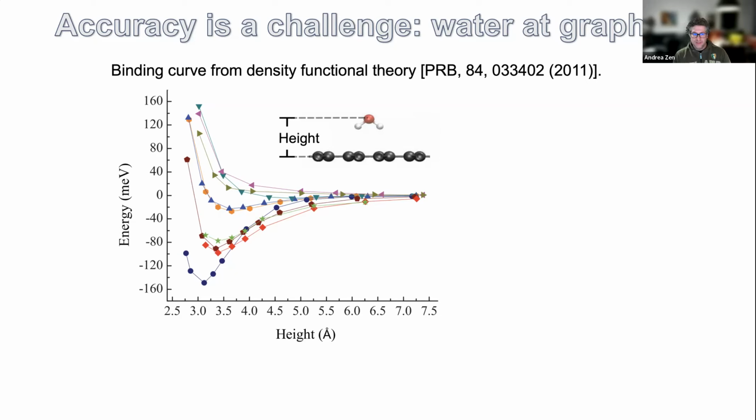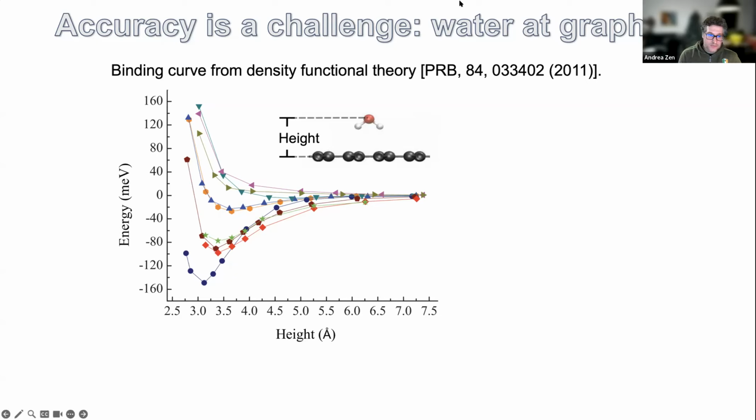If I look at the interaction energy of the water with the graphene sheet at different distances from the graphene sheet, what I obtain is a curve that will have a minimum, and the minimum is the adsorption energy. And depending on the method that I use, I will obtain different curves.